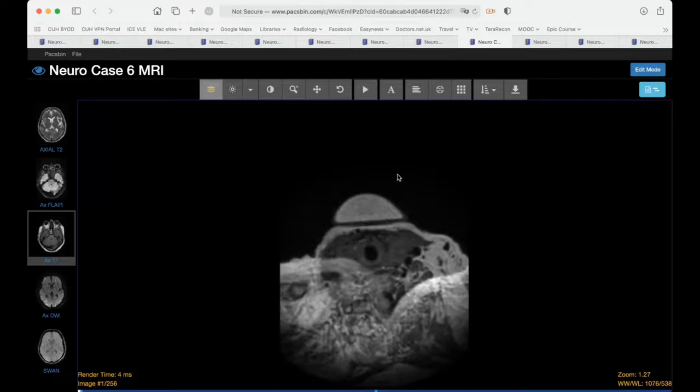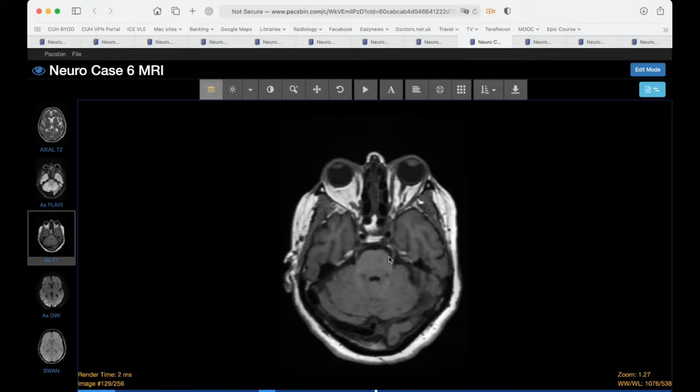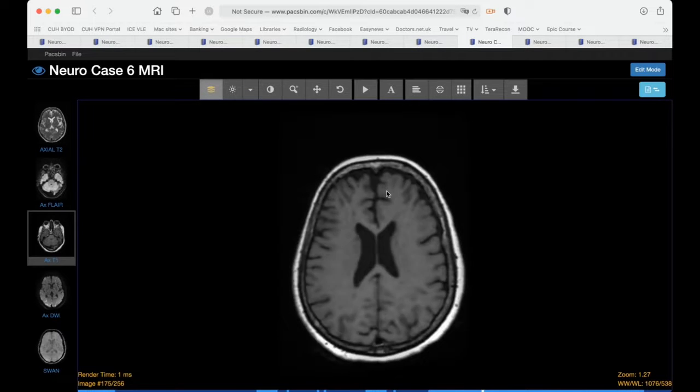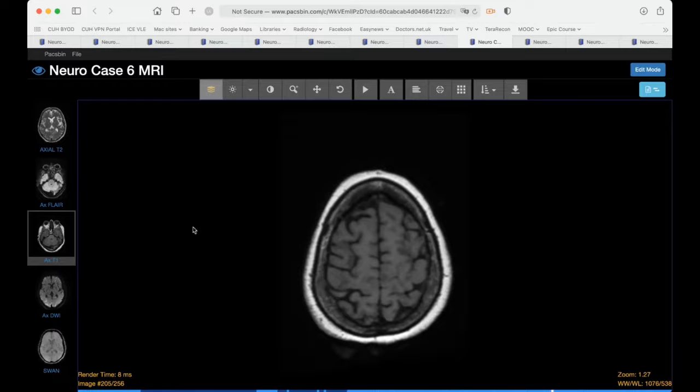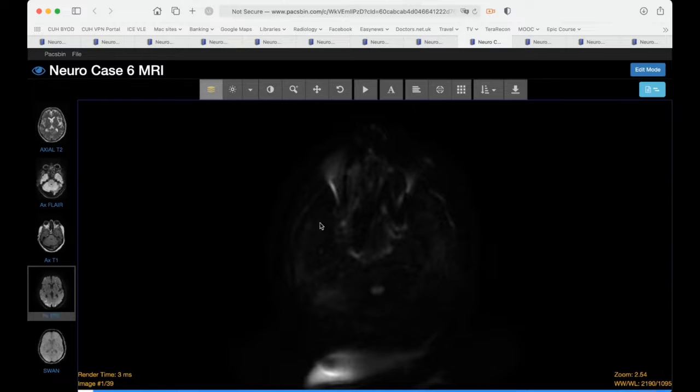Okay. T1. You see some hypointensity associated with exactly where you saw the T2 hyperintensity. And then this is the diffusion-weighted image.